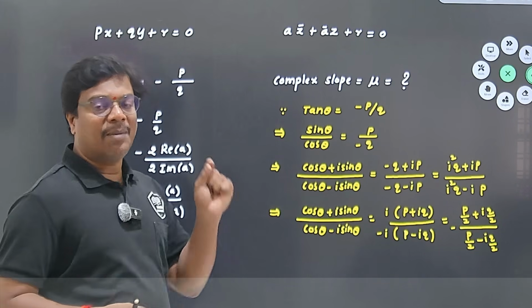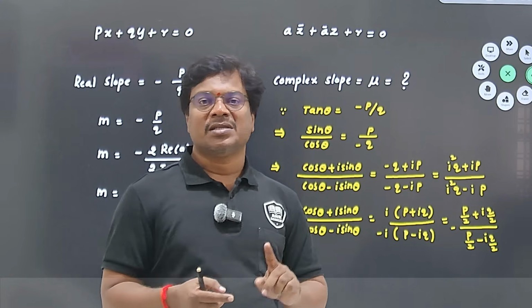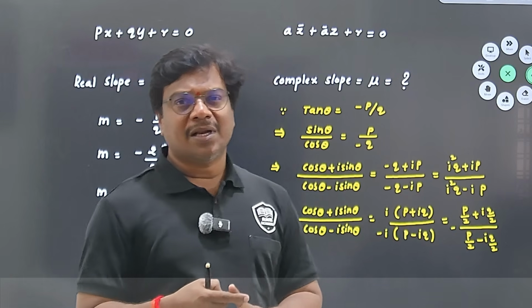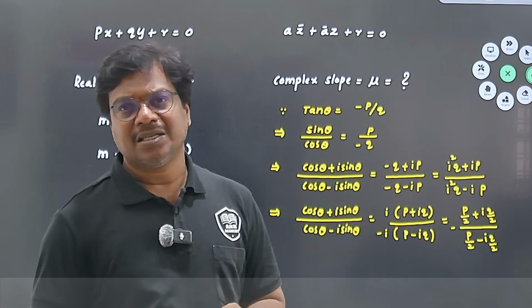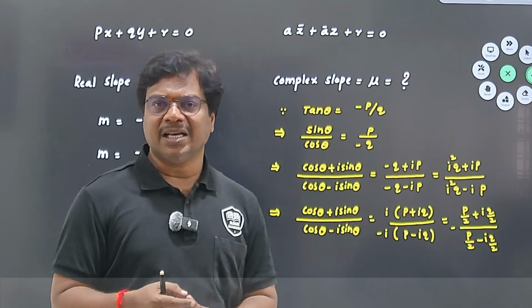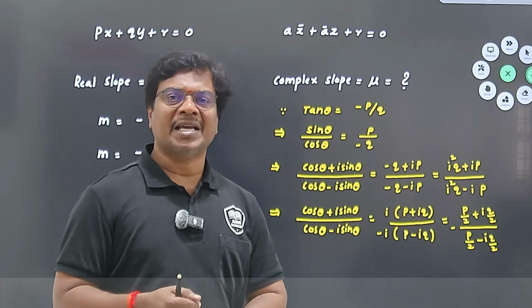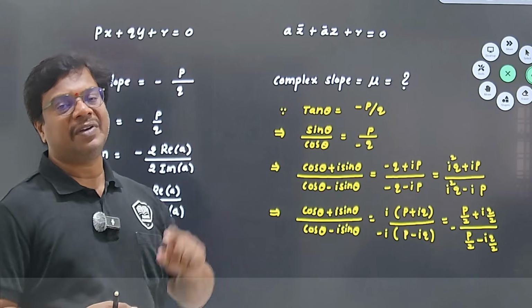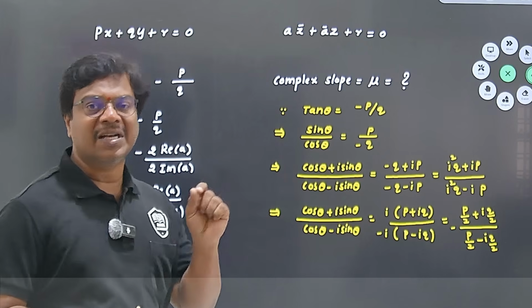You know that complex slope is square of unimodular. Unimodular, that is unit vector along given z. Usually unit vector along z is written as simply cos theta plus i sin theta, e power i theta, that is unit vector along given complex number z.